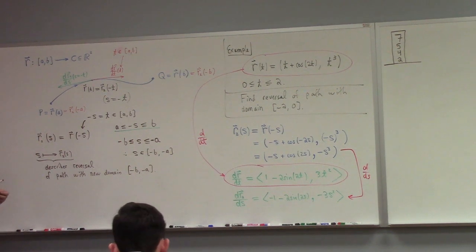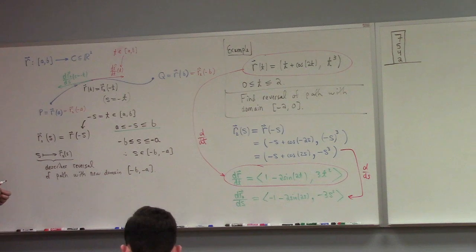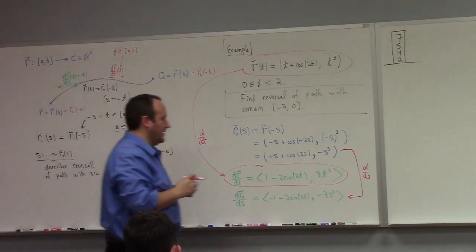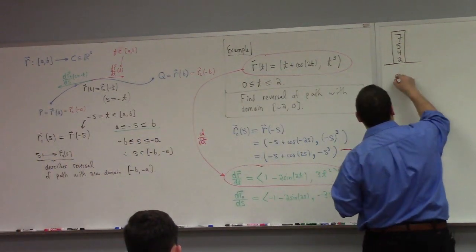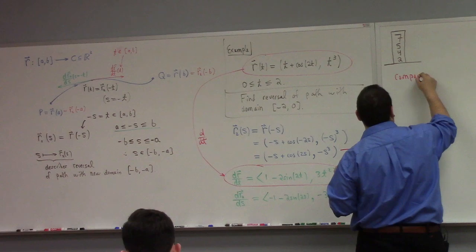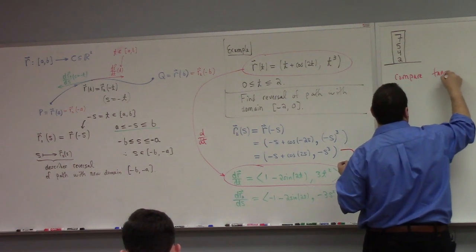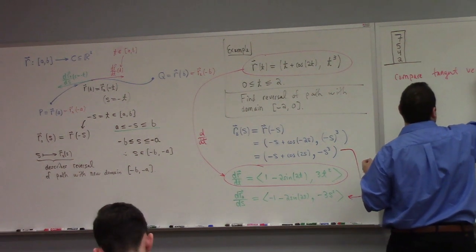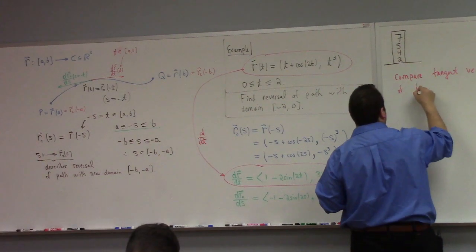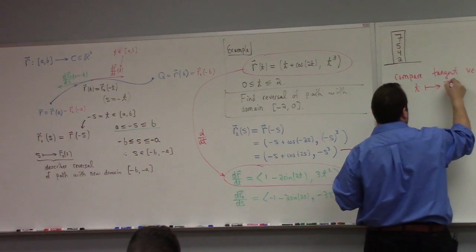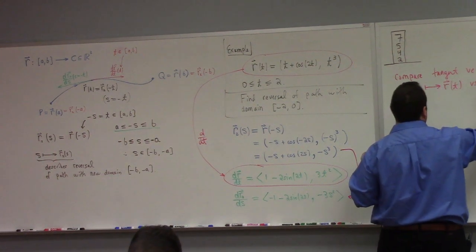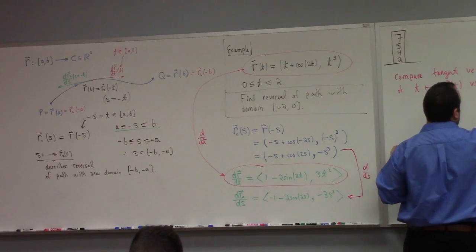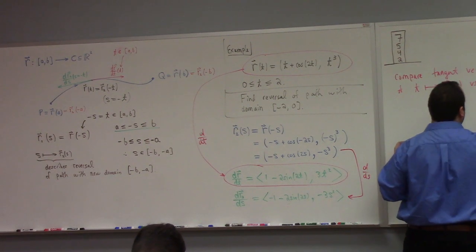How would you prove that dr dt and its reversal are opposite at a point? I'm getting there. So we'd like to compare tangent vectors of the path t maps to r of t versus s maps to r2 of s, which is the reversal.